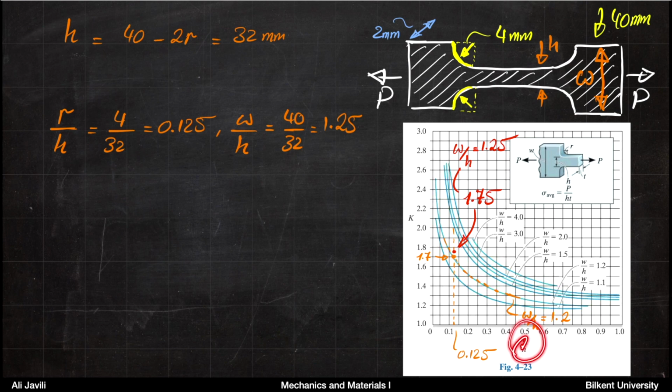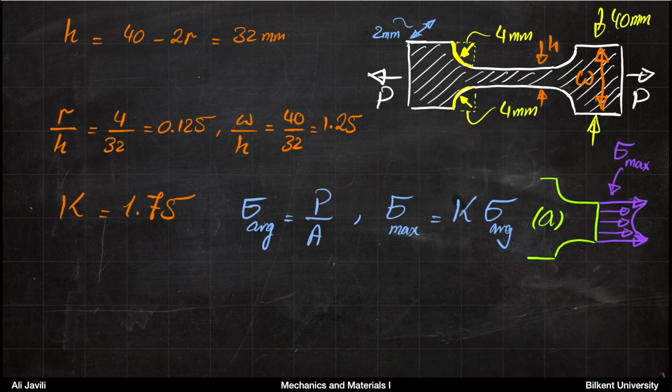For R over H, 0.125 would be somewhere here. If you intersect 0.125 with W over H 1.2, you get 1.7. And if you go slightly higher, we get 1.75, because W over H is slightly higher than 1.2. Okay, so we pick the stress concentration factor to be 1.75.